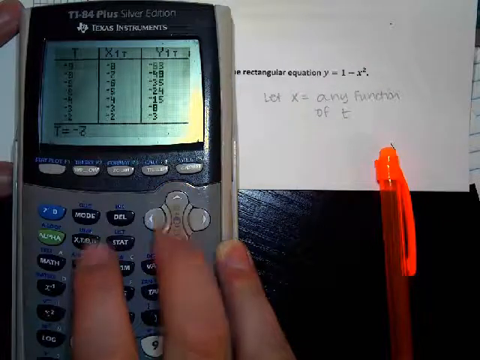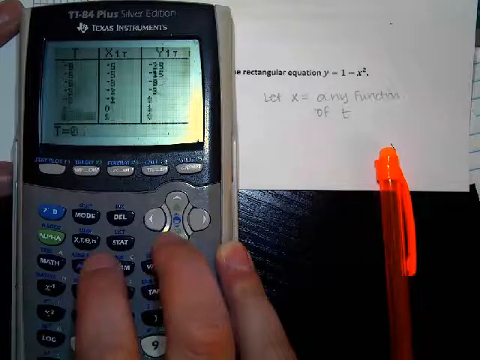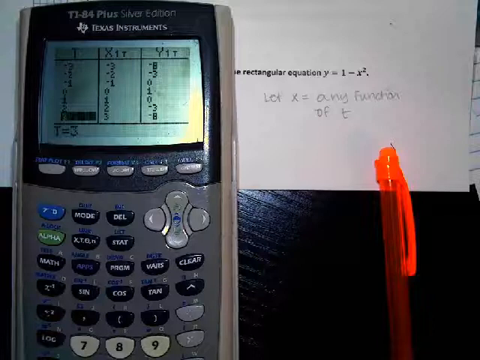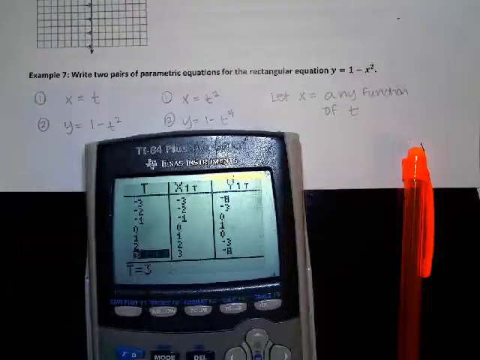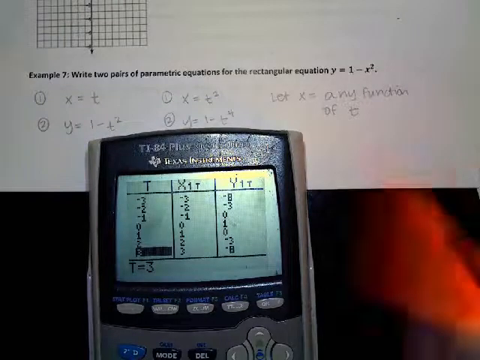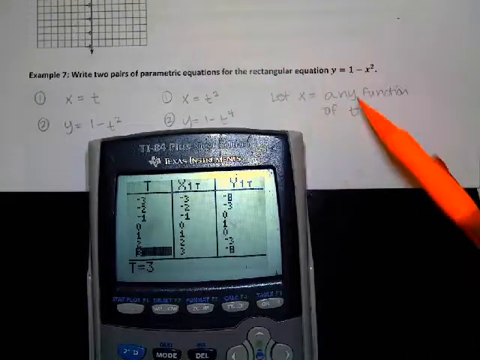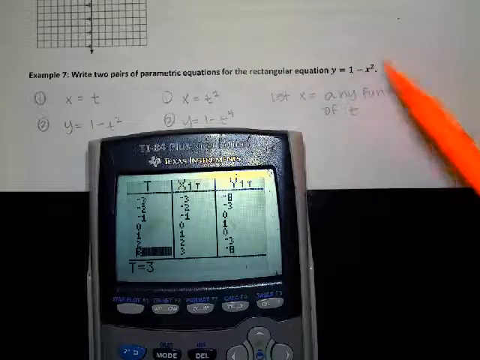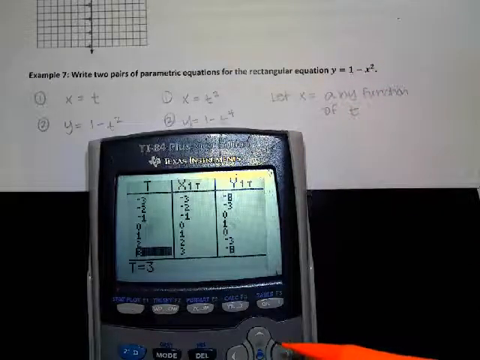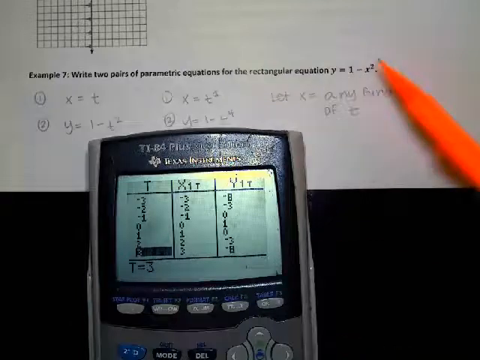Well, it has negative inputs. I have to think about why. X equals t. It's because the t is being squared.